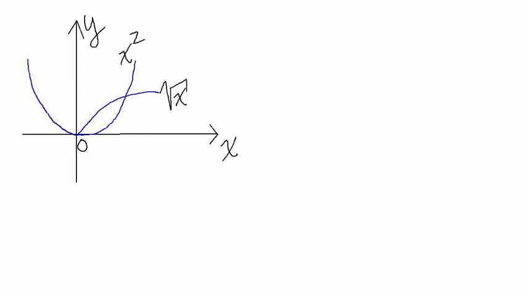All right, so what I've drawn is the graphs of the x squared function and the square root of x. I'd like you to find the area between those two graphs. Okay, so that teardrop shaped region. All right, so pause the video and try to work that out, please.